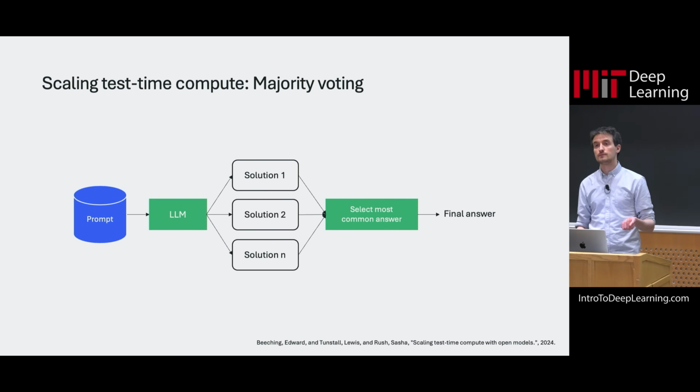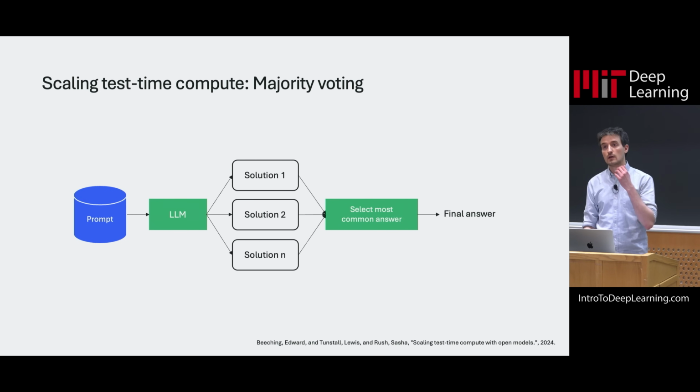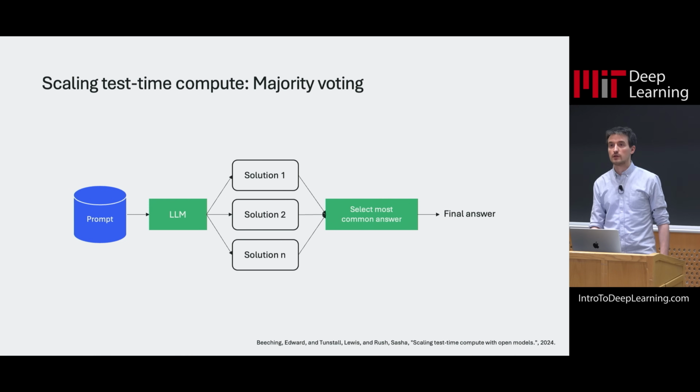But I guess if you use a temperature of 0, what's the difference with the majority? If you use a temperature of 0, you will have the same answer every time. But isn't it the answer that the majority voting would give you? No. We do non-greedy decoding because it actually improves the performance of the model in general. For math and code, reasoning tasks, you want to use a temperature that is very low.